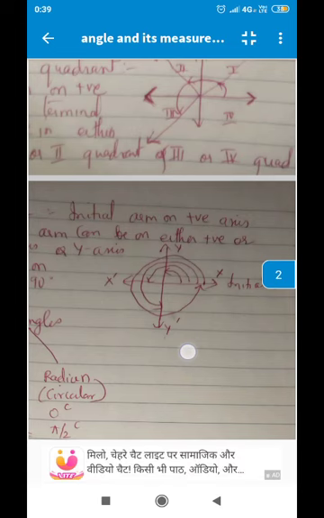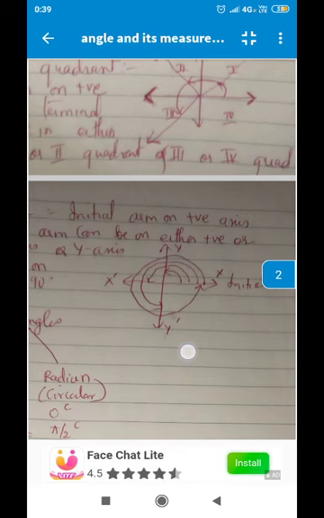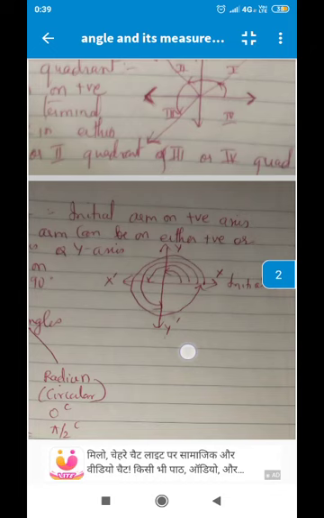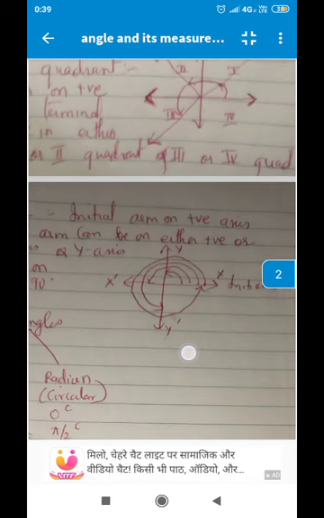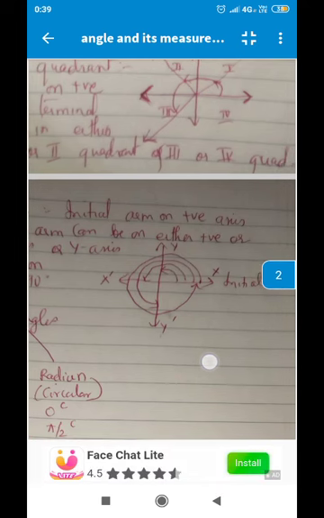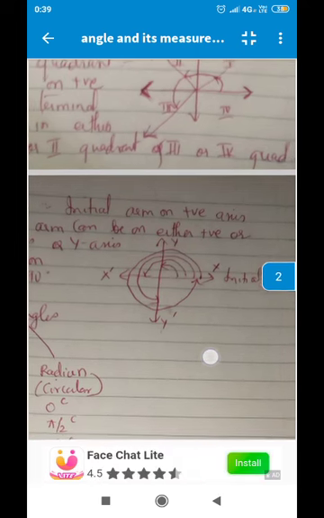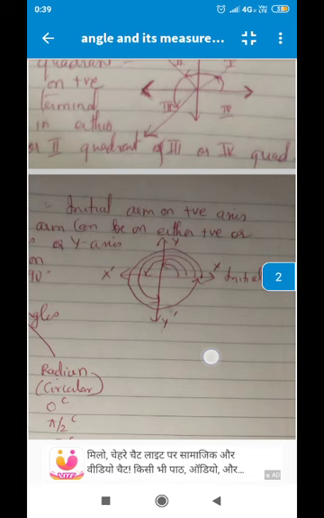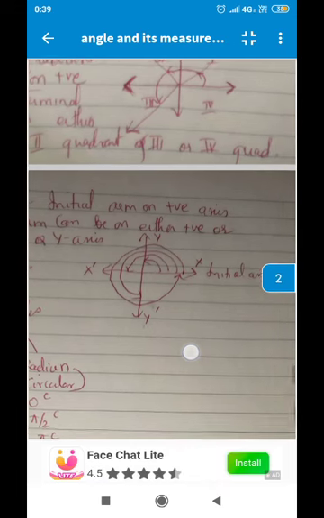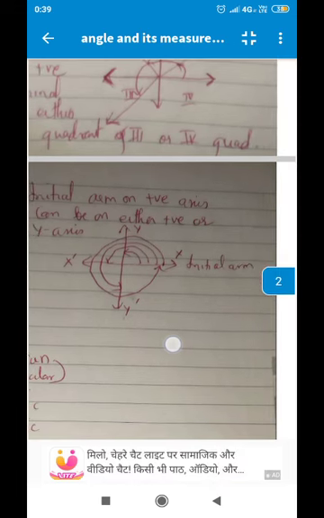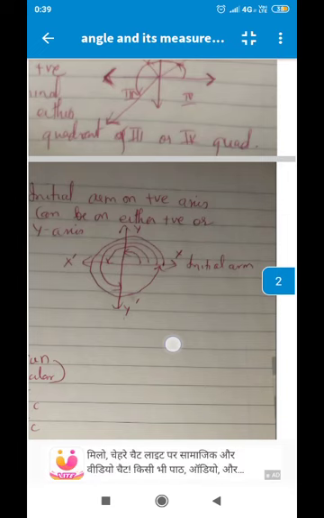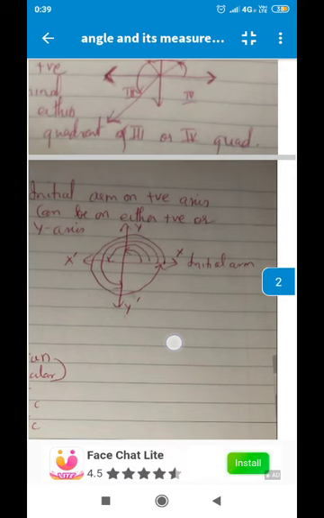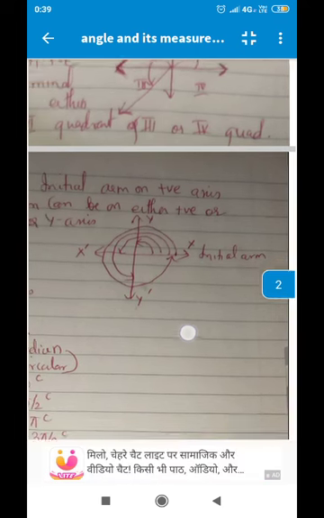You can see a diagram. One line is from x to y, the other is from x to x dash, the third line is from x to y dash, and the fourth line is from x to x again, that is 360 degrees. In all four cases, the initial arm is fixed, that is the positive x-axis, but the terminal arm is either on the y-axis, or negative x-axis, or negative y-axis, or again returns to the original position.